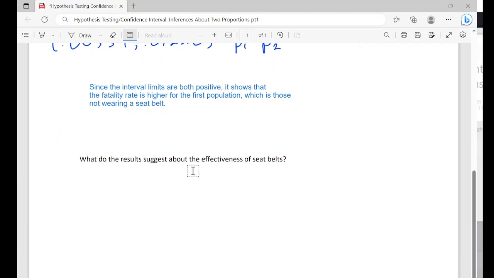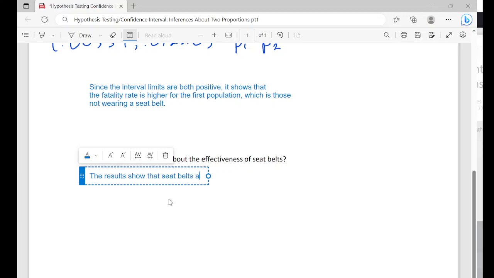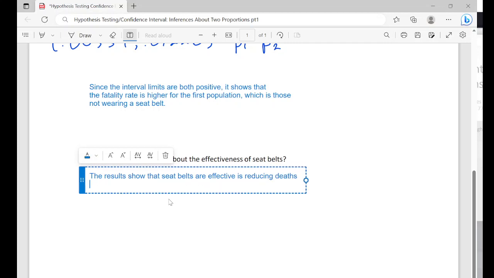Now, what do the results suggest about the effectiveness of seatbelts? Well, there's a bunch of different ways you can go about saying this, but I think simplest is easiest. The results show that seatbelts are effective in reducing deaths during, I won't say car accidents, just during accidents.